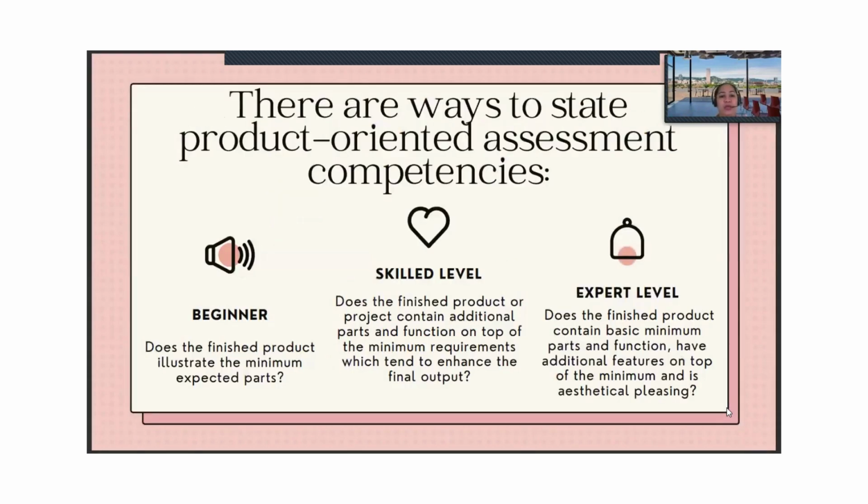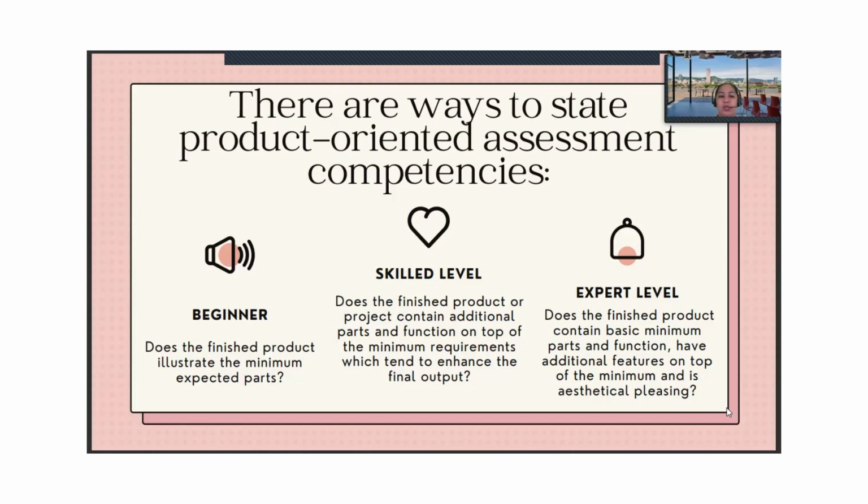Now, there are ways to state product-oriented assessment competencies for beginner, skilled level, and expert level. These normally show in a holistic rubric. In a rubric, you will sometimes see beginner, skilled level, or expert level, each with a description.